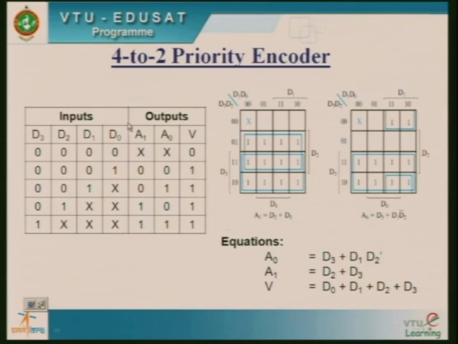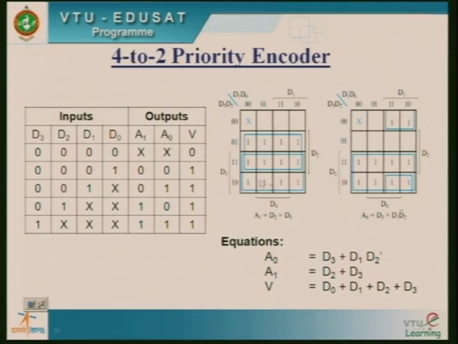So now I am going to write the K map here. The K map has got 4 inputs, D3, D2, D1, D0. You can just see, it is a 4 variable K map. I am entering all these inputs. Then I am going to derive the equation from this K map. So I will be writing 2 K maps here, considering A0 and A1.